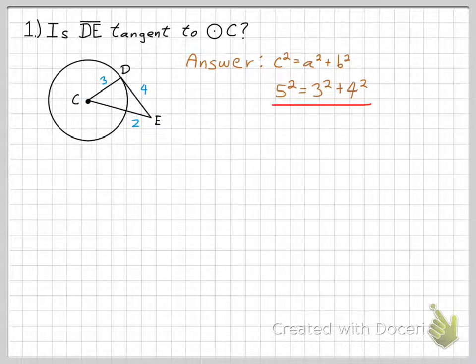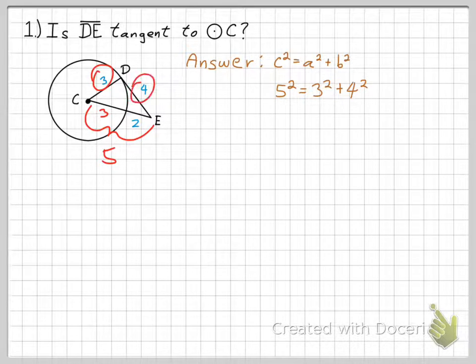Okay. So if the Pythagorean theorem works and 5 squared equals 3 squared plus 4 squared, then we do have a right triangle, therefore we have a right angle, therefore it's tangent. And you could even stop right there. If you remember your Pythagorean primitive triples, a 3, 4, 5 triangle is in fact a right triangle.